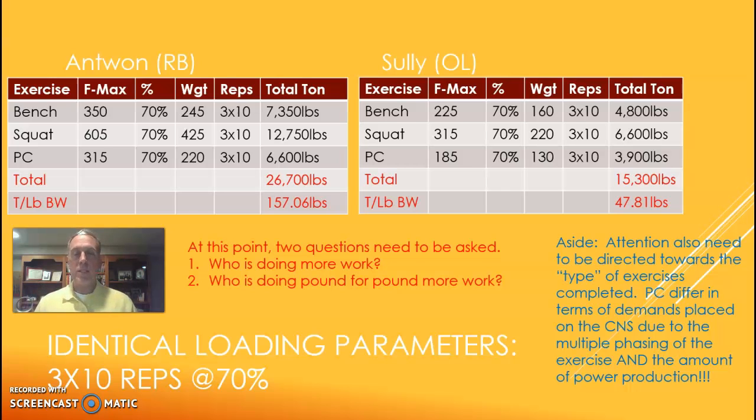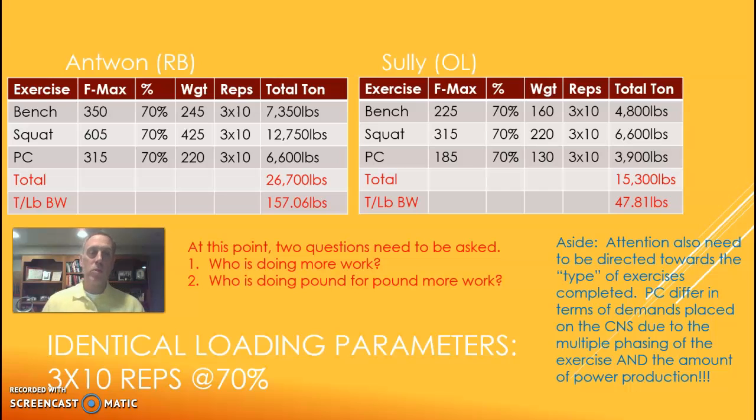Does it make sense to have these two individuals have the exact same loading parameters in their workouts when you evaluate the total workload and the workload as a relative strength index per pound of body weight? No. So you have to give consideration to these variables and look at these two different individuals and how they are different body types.